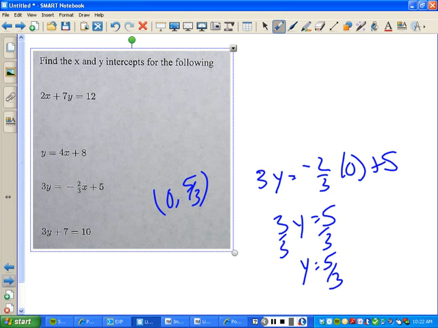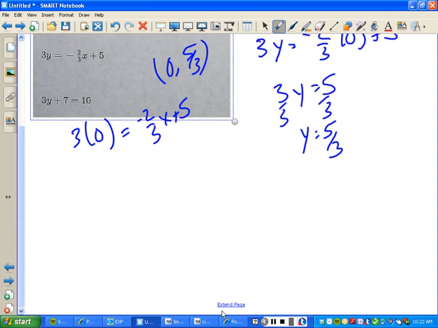To find the x-intercept, you plug in y is 0. 3 times 0 equals negative 2/3 x plus 5. Zero equals negative 2/3 x plus 5. Subtract 5, subtract 5. Negative 5 equals negative 2/3 x.